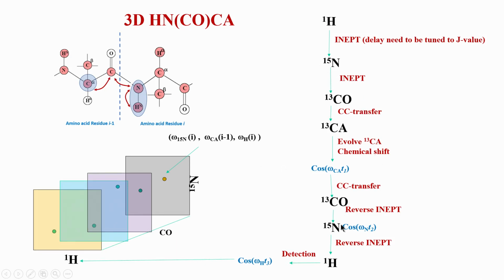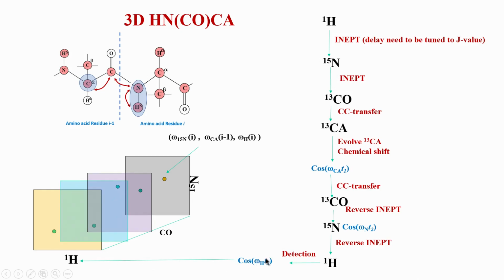Then from CO to N you go by reverse INEPT, and once you come to nitrogen you can now capture the chemical shift of nitrogen, because we need the chemical shift of nitrogen that is evolved during this period, and then you go to proton by reverse INEPT and finally detect the amide proton chemical shift, and that is your direct dimension. So, now you can see the 3 chemical shifts that we have got here.